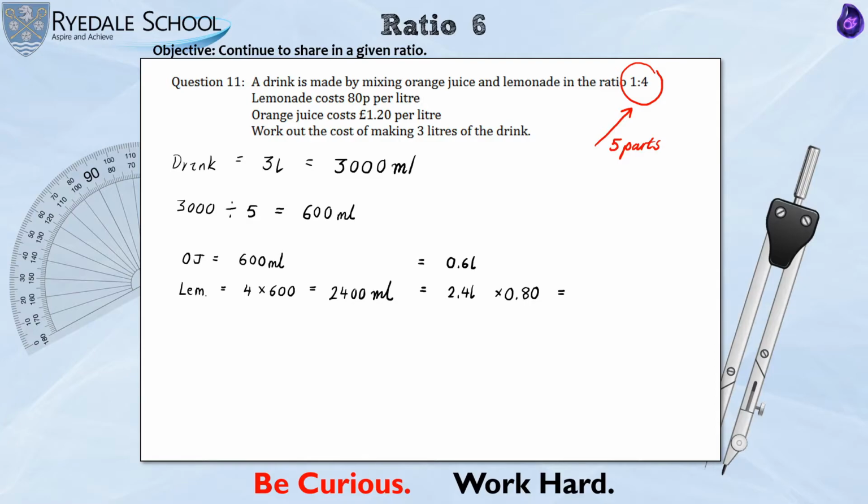But 2.4 times 0.8, I believe, comes out as 1.92. So that will be the cost of the lemonade, £1.92. And for the orange juice, we need to do 0.6 times 1.2, and that comes out as 72 pence. So altogether, if we add that up, 2 add 2 is 4, 7 and 9 is 16. So £2.64.